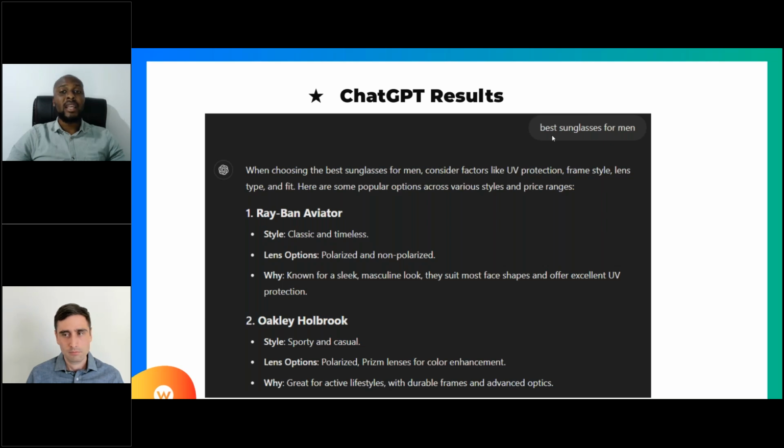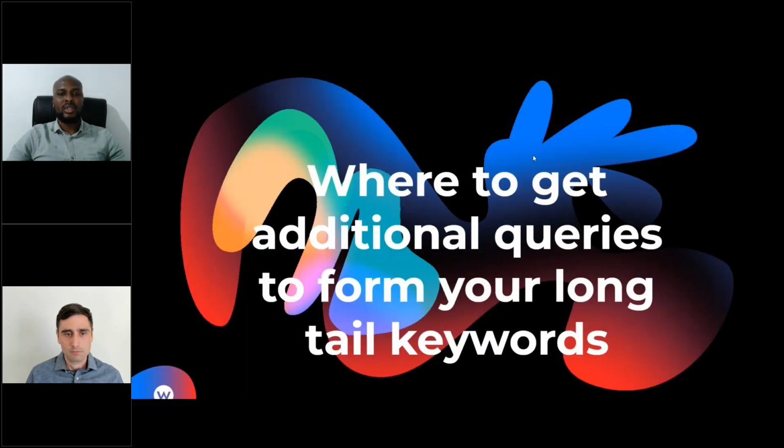However, something very interesting happens on these platforms, where this is not typically how people search. They're asking long tail questions, right? They're asking for more details, because again, this is a conversational platform where you're able to talk to it a little more, right?